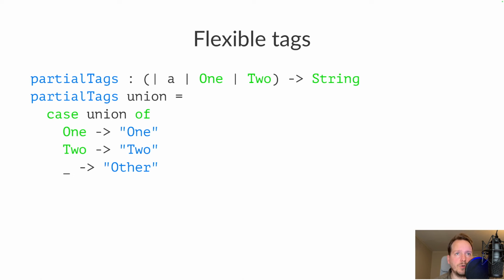So this function will work on any custom type or any union of tags as long as that union contains 1 and 2. And then you can case over that and essentially say that if it isn't 1 or 2, we're just going to return a string "other" instead.